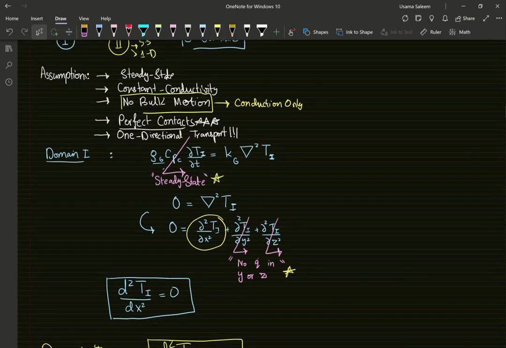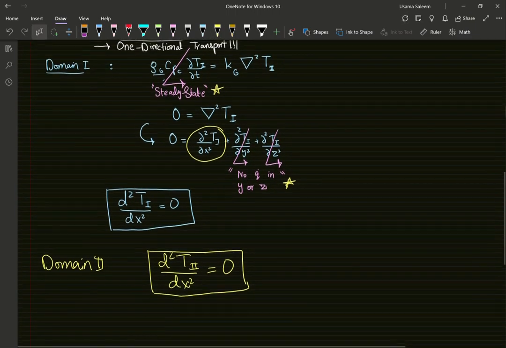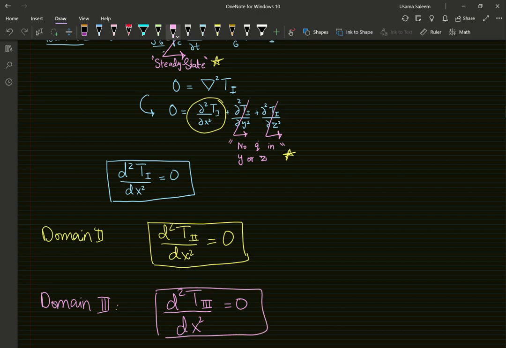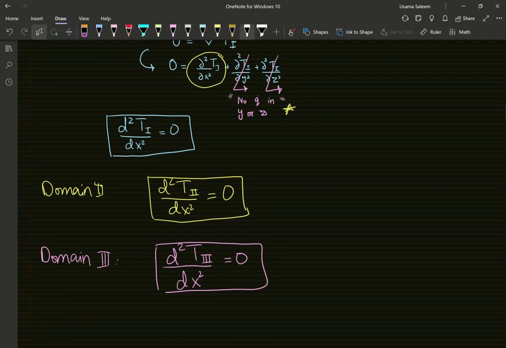There is no generation in this term. We haven't dealt with generation yet. And lastly, domain 3. That's just going to be the second derivative of the temperature in the third domain with respect to x is equal to 0.